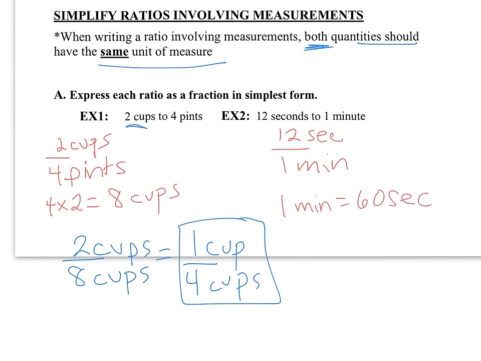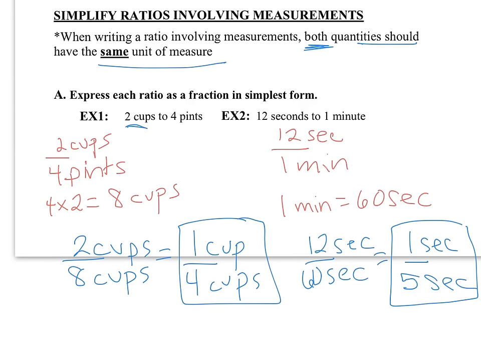So now I just write it as 12 seconds over 60 seconds. And I can reduce my answer by dividing by 12. So 1 second to 5 seconds. And that would be my final answer.